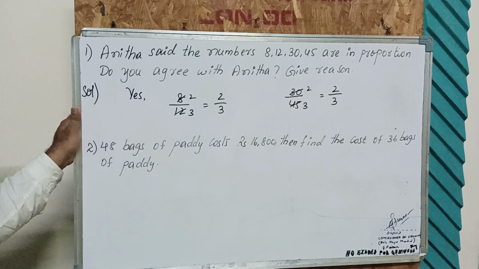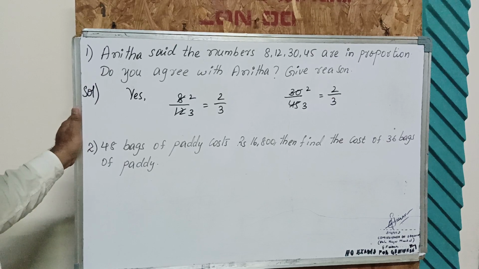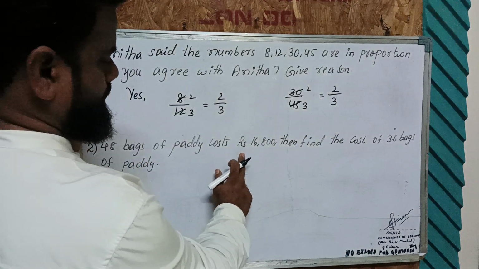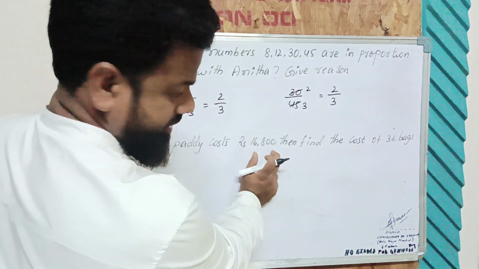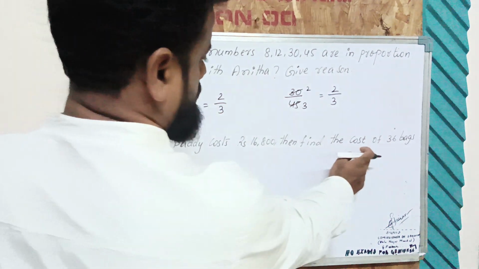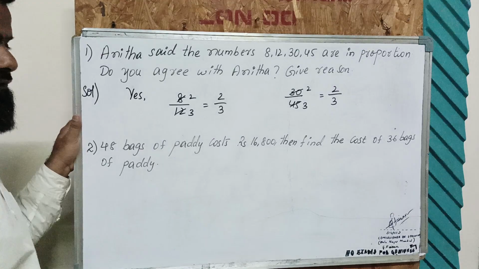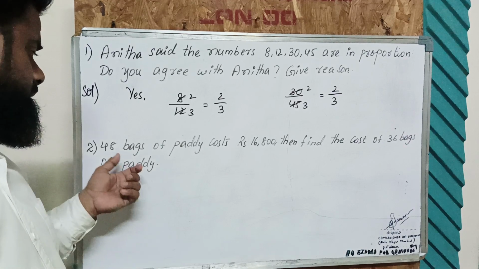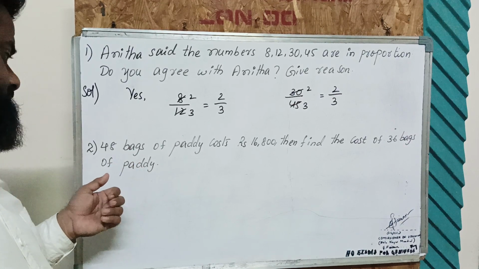Next, question number 2. 48 bags of paddy cost rupees 16,800. Then find the cost of 36 bags of paddy. Now this question is related to direct proportion.